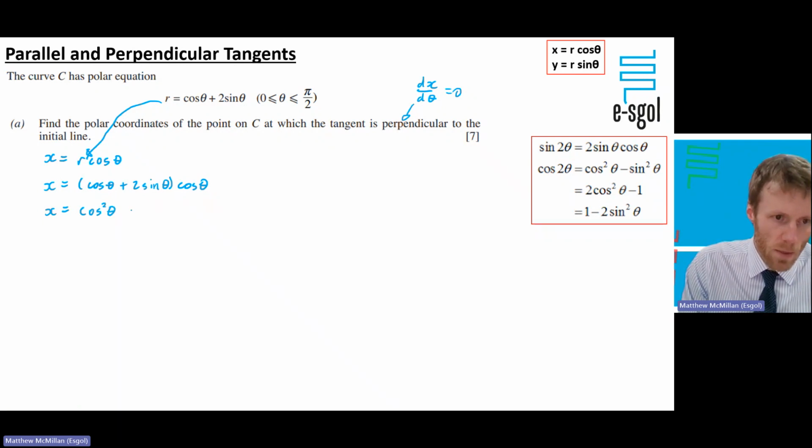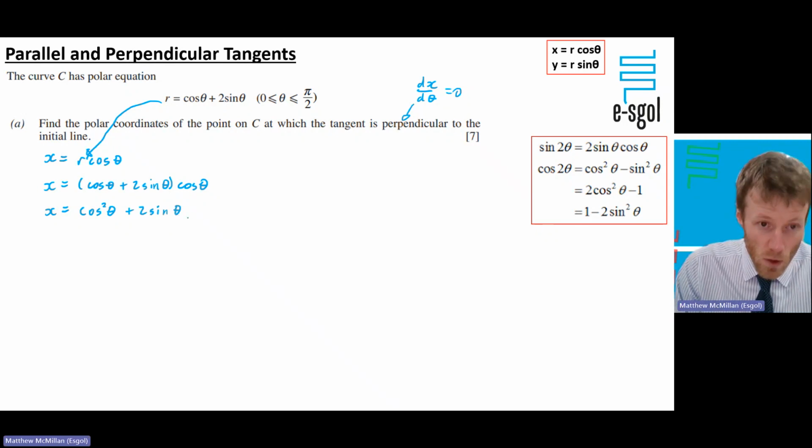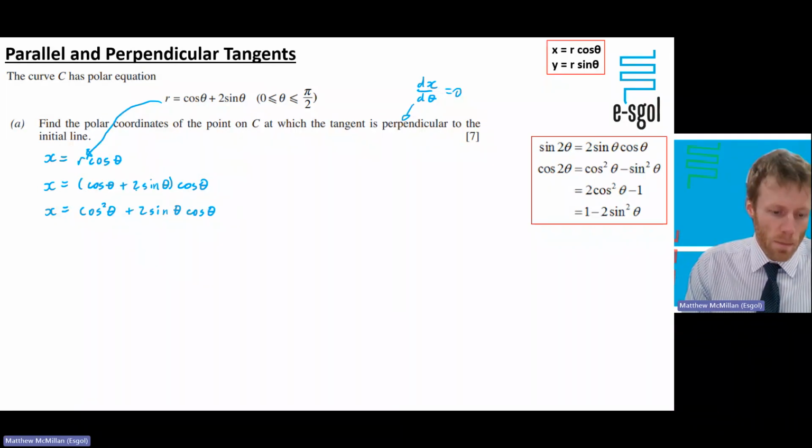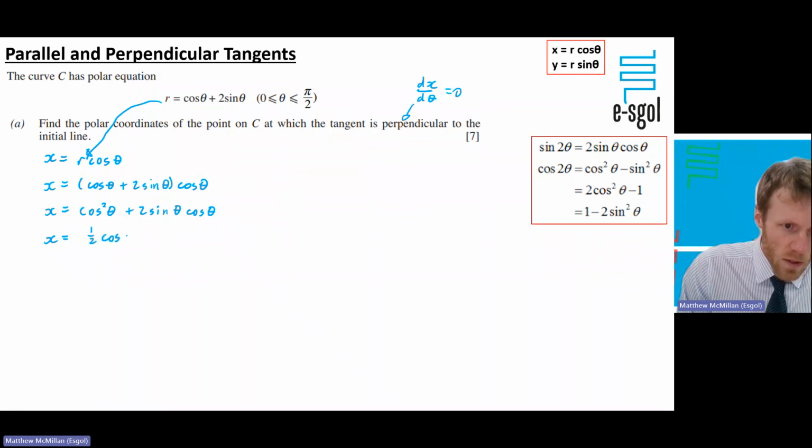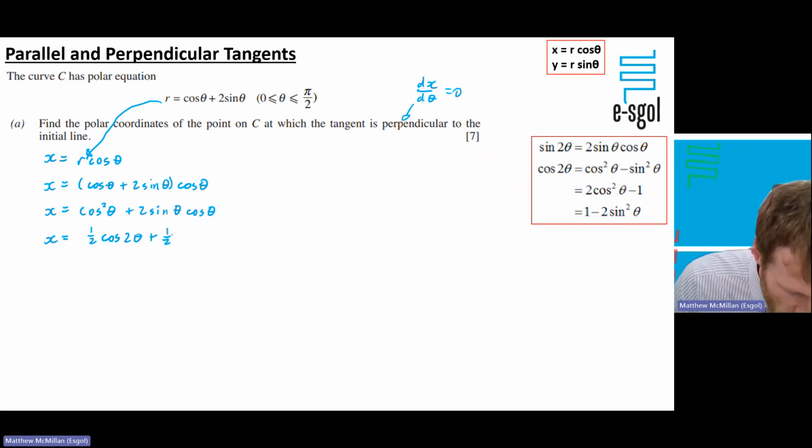So cos squared theta plus 2 sine theta cos theta. So you can either apply the product rule to the sine theta cos theta bit and the chain rule to the cos squared theta bit, or you could apply some trig identities. I think that's what I did. So this bit on the left is half cos 2 theta plus half, plus sine 2 theta, and then you could go ahead and differentiate from there.